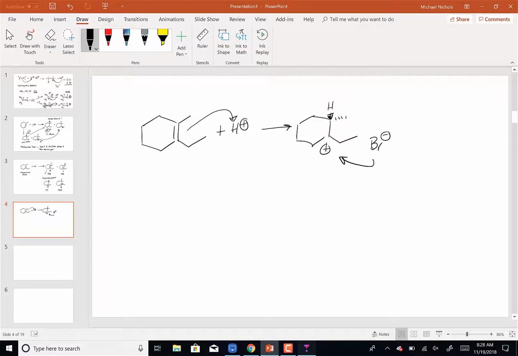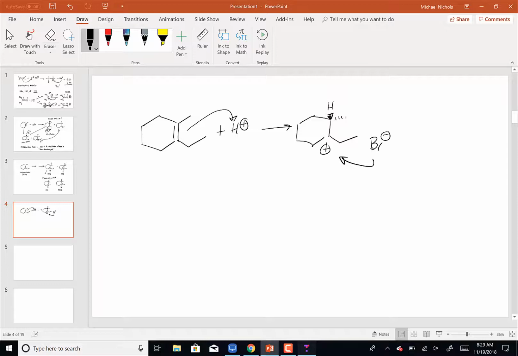Not much of a hint? What's the second step? What is the second step of this reaction? It's the same step as an SN1. So the second step is the same step as an SN1.